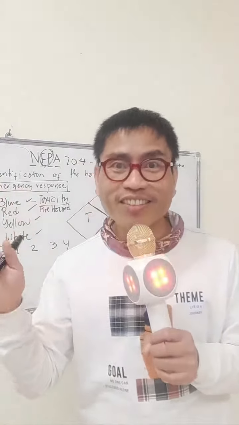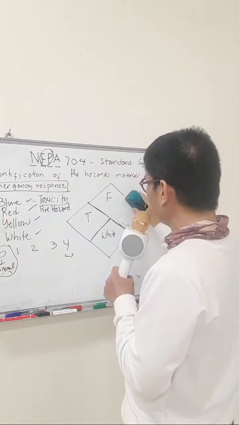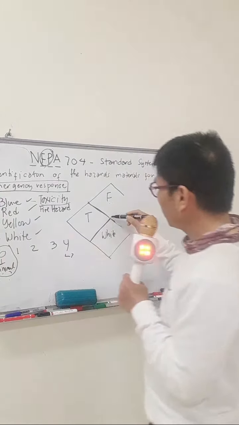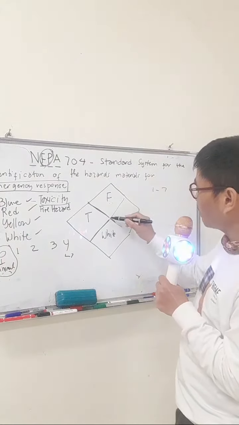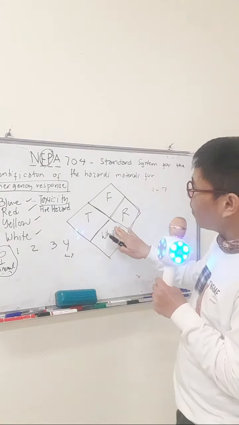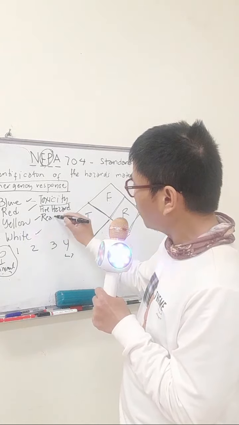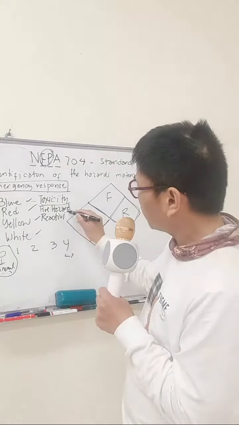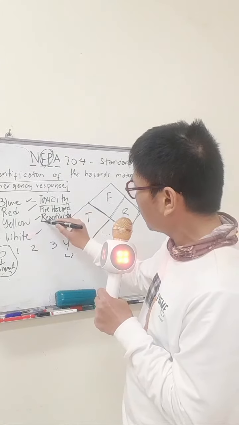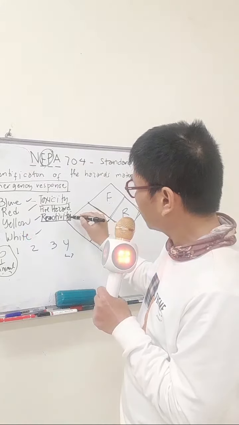But for me, it's not. Okay? Like that. You get the point now? I will put R, not I, for reactivity. Okay, guys? And it's a white, guys. Yellow is reactivity, okay? Reactivity.